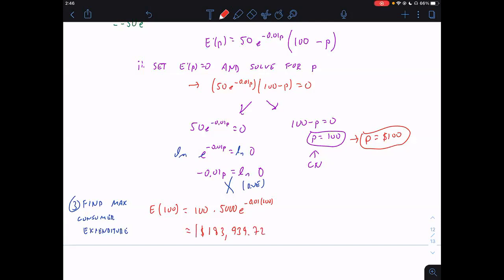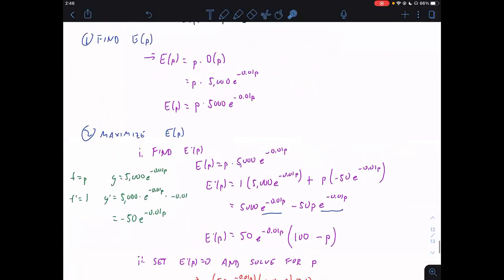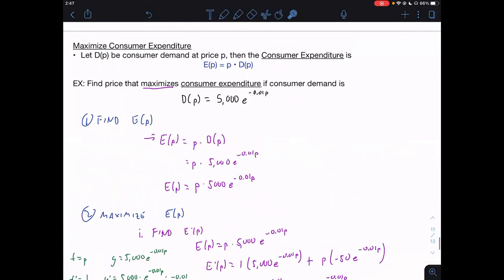So that's how much consumers are willing to spend on this item based on this price point and this demand.